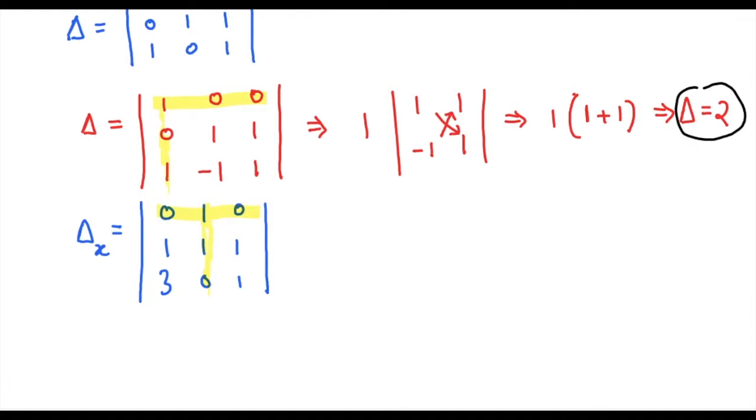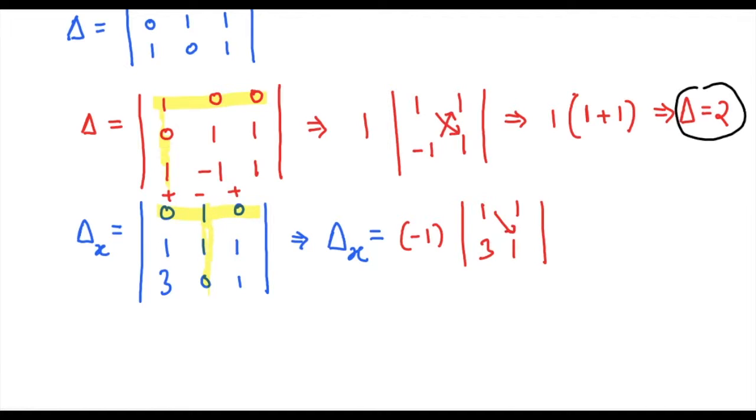Del x is equal to, taking the sign convention plus, minus, plus, it will be minus 1, and after leaving the yellow portion you will get 1 1 and 3 1.